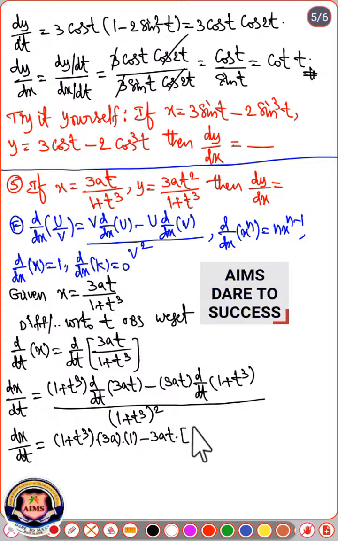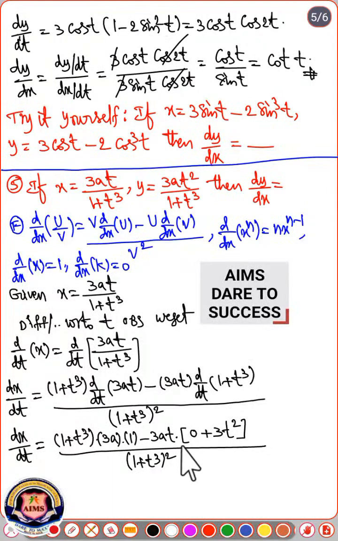Here d by dt of one constant, the derivative is 0, plus d by dt of t cube, that is d by dx of x power n, with 3 in place of n and t in place of x. So if you write it, 3 into t power 3 minus 1 is 2, whole divided by, don't disturb the denominator, write as it is, 1 plus t cube whole square.